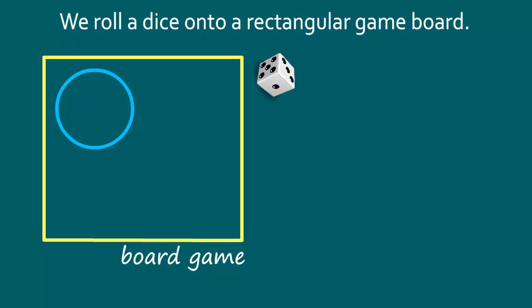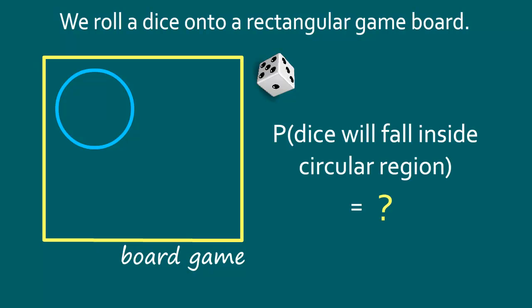When we roll the dice, we want to find out the probability that the dice will fall inside the circular region. Obviously, when you have questions like these, all of the dimensions will be given to you: the length, the breadth, and the diameter or the radius of the circle. And this doesn't have to be a circle.